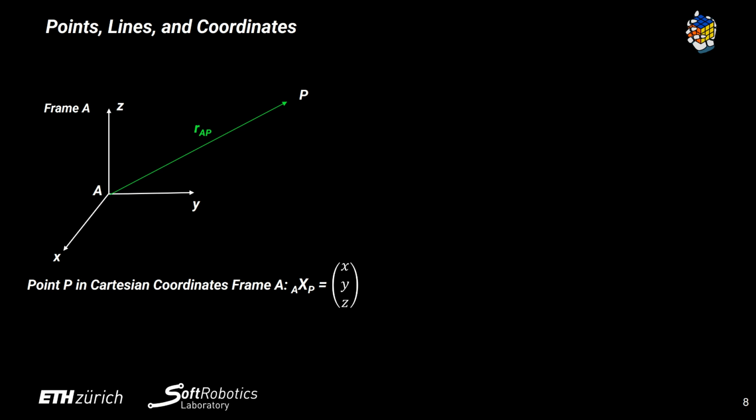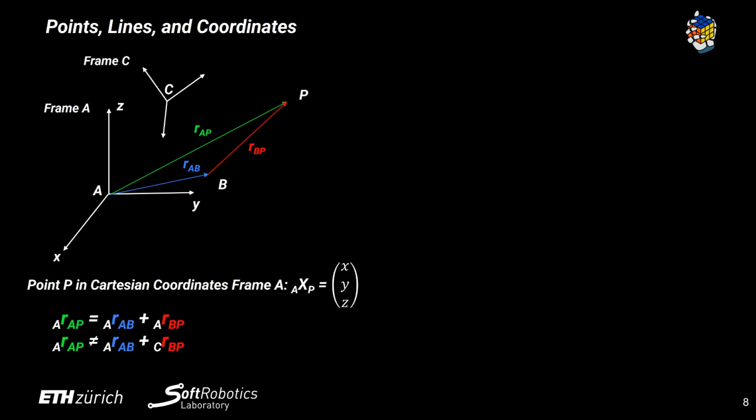Links could be added or subtracted to get new links. Now the reference frame must be the same when doing addition or subtraction. Here the lowercase letter in front of the r denotes which reference frame this is expressed in.